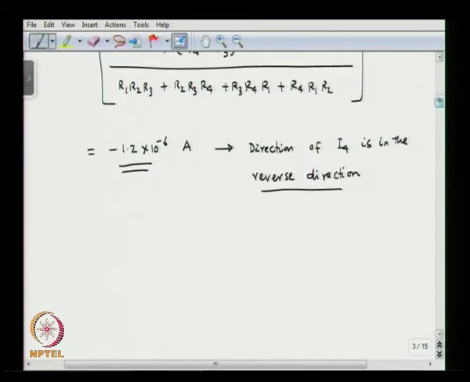Now we can find the electric field strength in the longest channel.